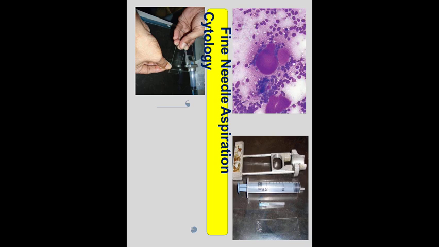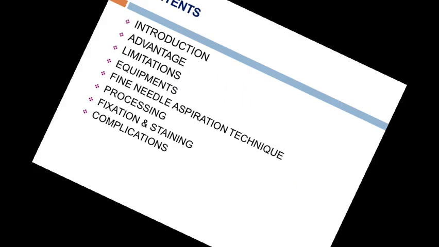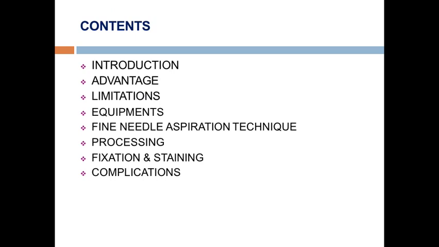In subsequent slides I will tell you in detail how we process the tissue, how we take out the sample, how we study it, and how we interpret a result. So this is the plan for today's class. First is the introduction, second the advantages of FNAC or cytopathology, third the limitations, fourth the equipment required to perform the procedure as well as to process and report the slide.